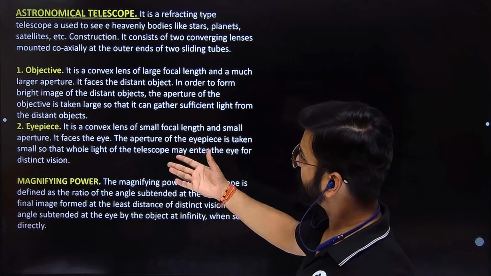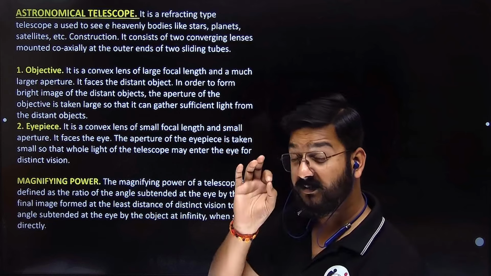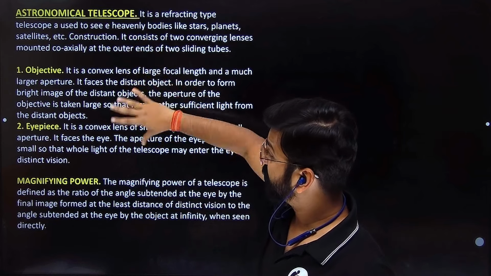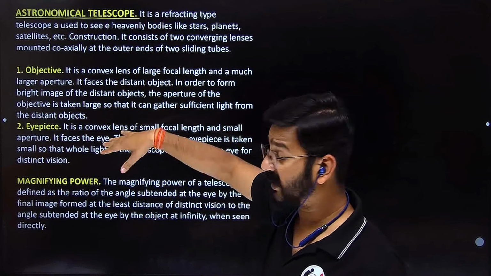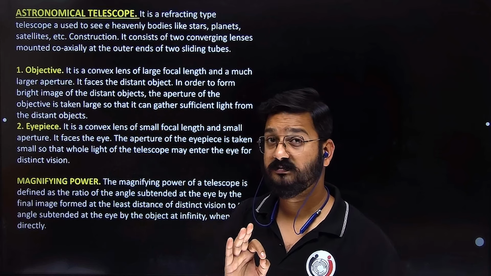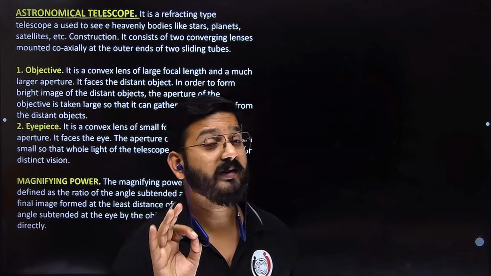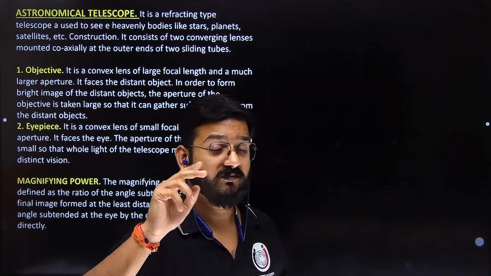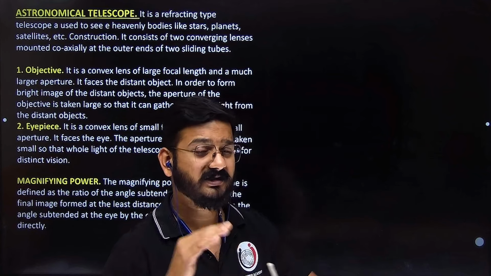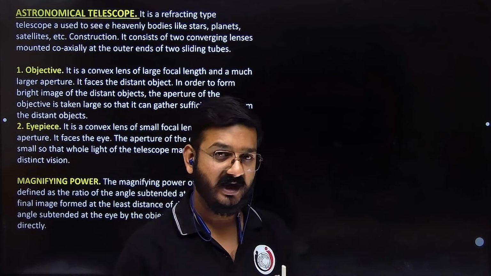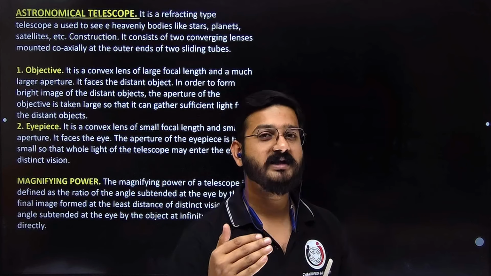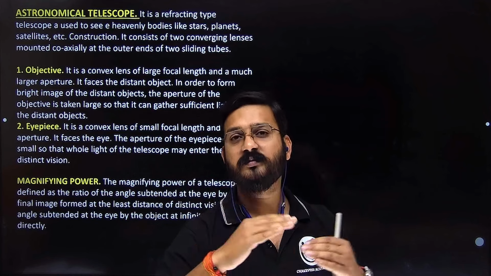The eyepiece is a convex lens with small focal length. So remember one thing: in a telescope, the difference in the focal length of objective and eyepiece is huge. But in a compound microscope, the difference in the focal length of objective and eyepiece is not that much. The focal length of the eyepiece is more as compared to the objective, but the difference will not be huge.